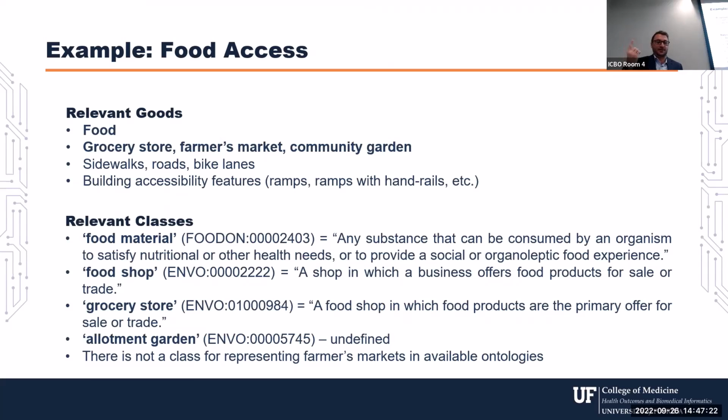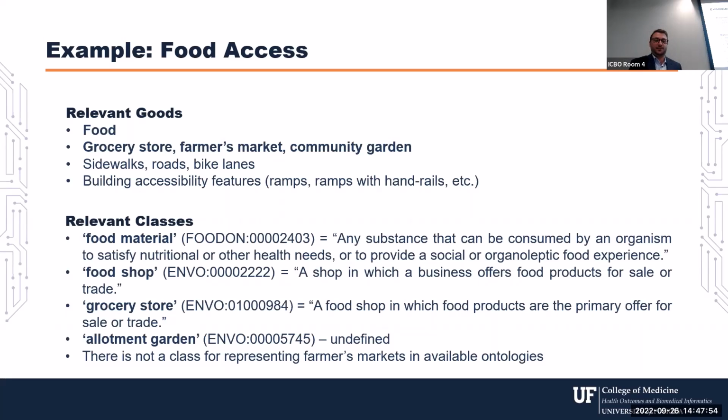And then of course there are the sources for food within your community, like a grocery store, farmer's market, community garden. And fortunately, with the OBO Foundry community, there are a lot of classes already in existence and in production that represent some of these things. So the food ontology has food material, which they define as any substance that can be consumed by an organism to satisfy nutritional or other health needs, or to provide a social or organoleptic food experience.